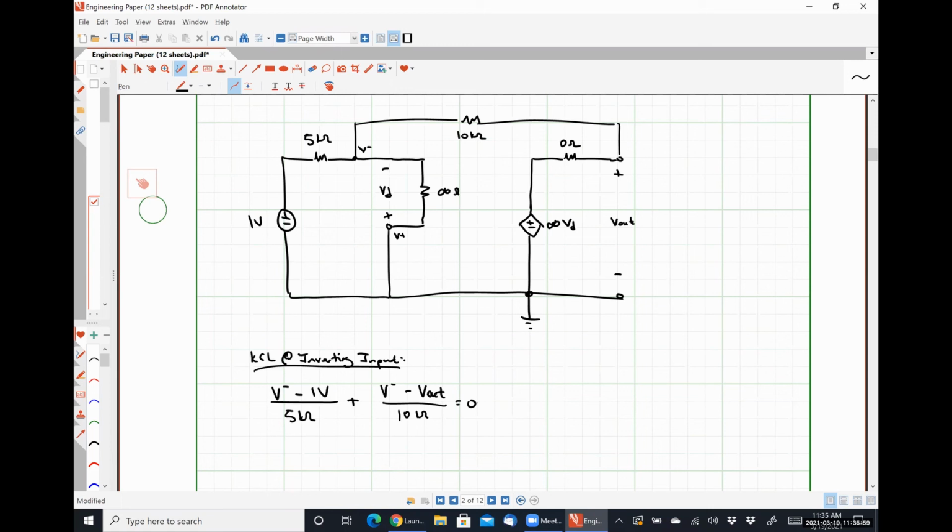I'm throwing away the term of current flowing through my input resistance of my op amp because I'm treating it as an open circuit. So this is where ideal op amp rule number 1 comes from. There can be no current flowing into or out of the input terminals of an ideal op amp because we are saying that it has an infinite input impedance, right? So I'm going to write that guy right here.